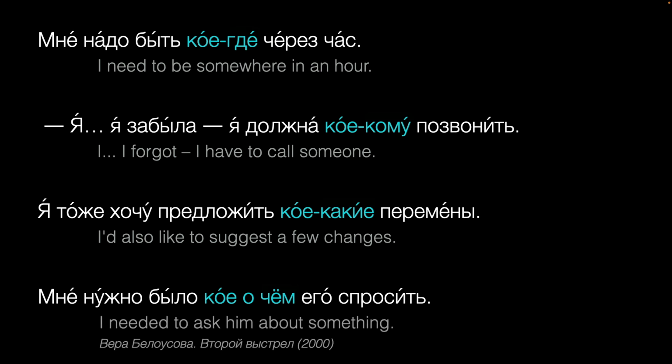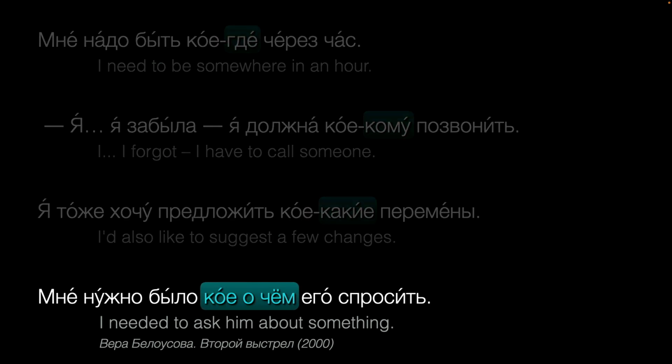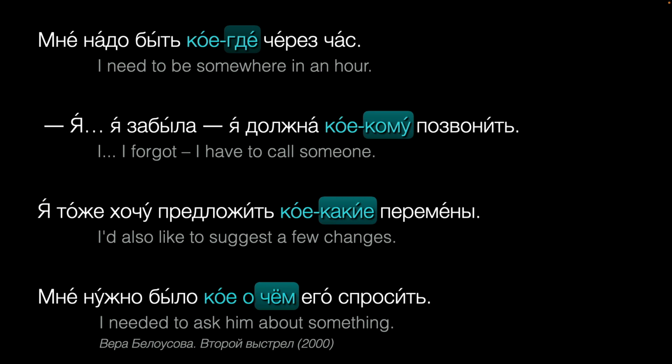So, кое can be used with a number of question words, just like то and нибудь. And also, just like то and нибудь, if we have a preposition, it'll come in between кое and the question word. Кое о чем. And кто, какой, and что will decline, but the form of кое never changes.